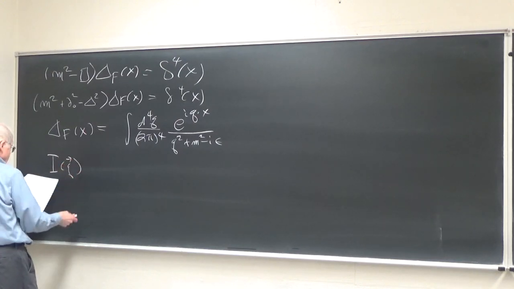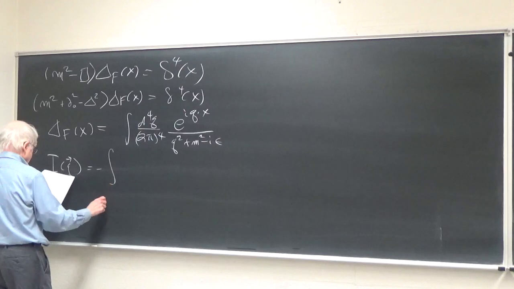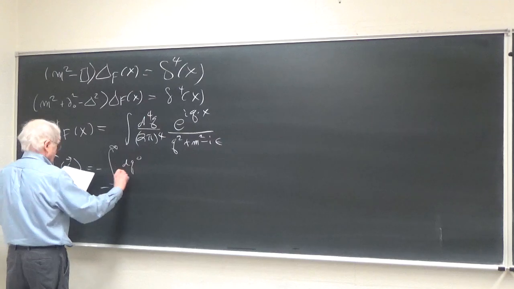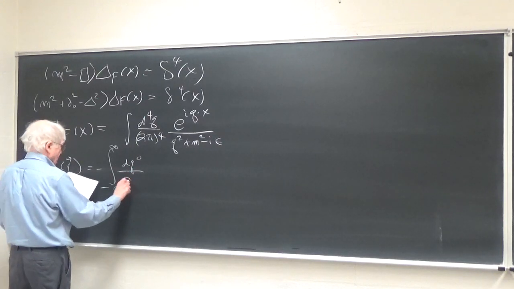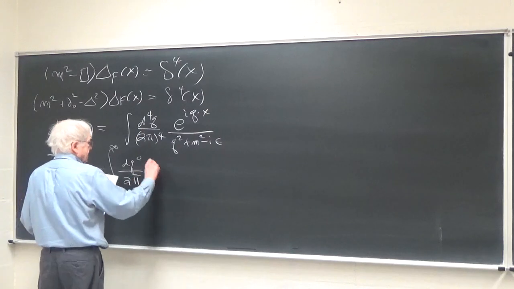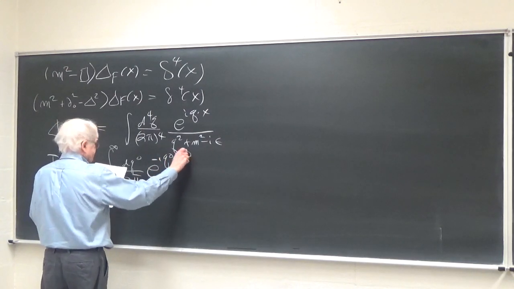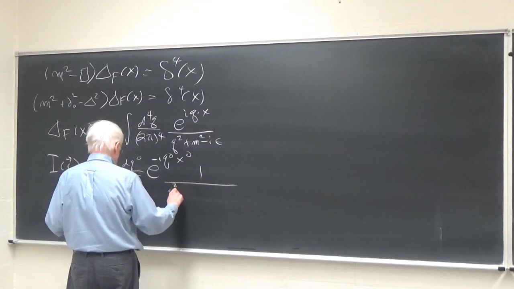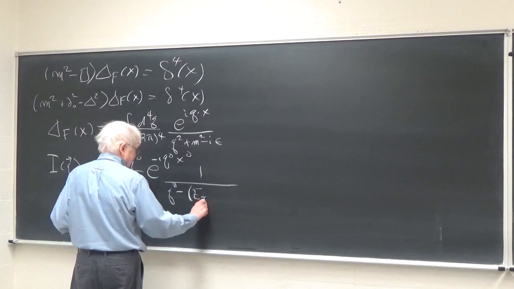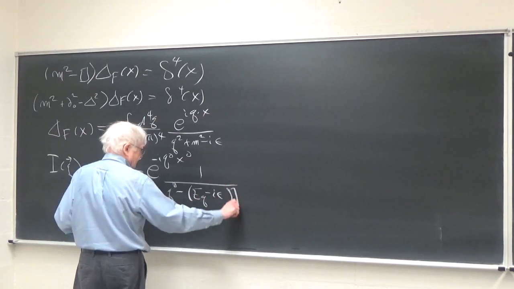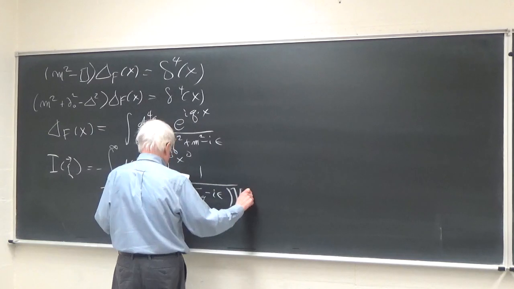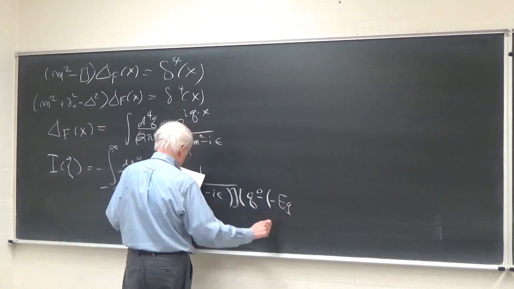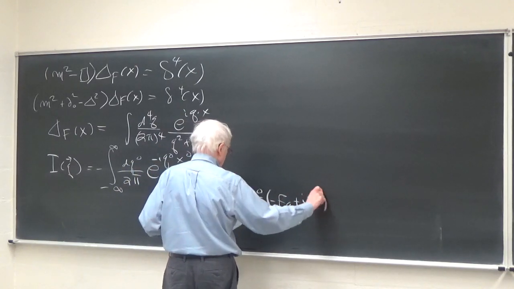Let's let I of q vector be minus an integral from minus infinity to plus infinity, dq0 over 2 pi, e to the minus I q0 x0, 1 over q0 minus EQ minus I epsilon times q0 minus EQ plus I epsilon.